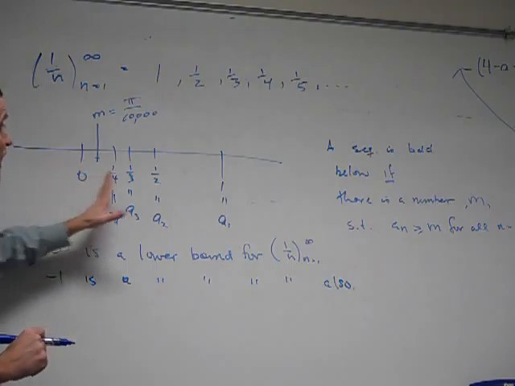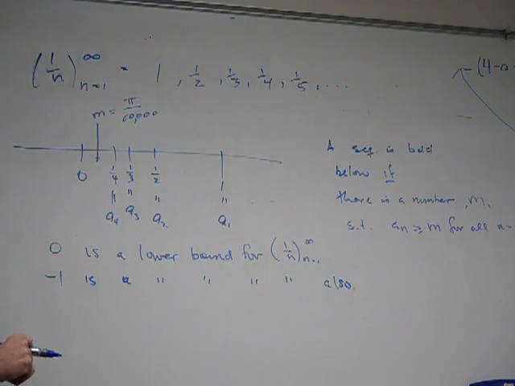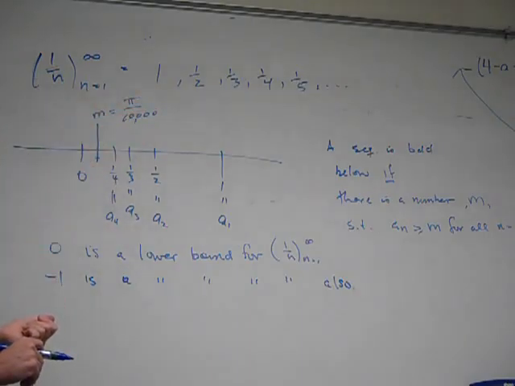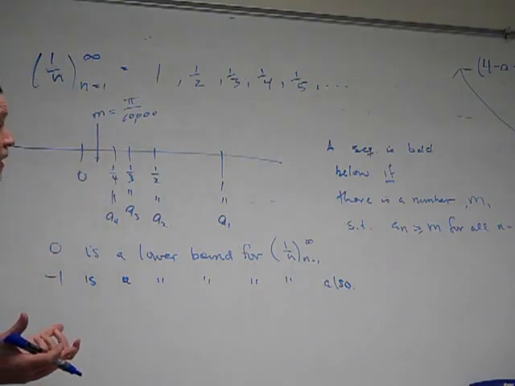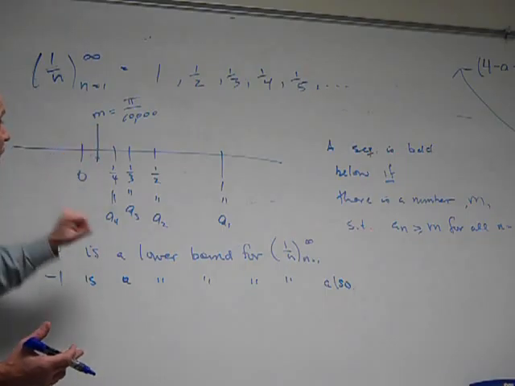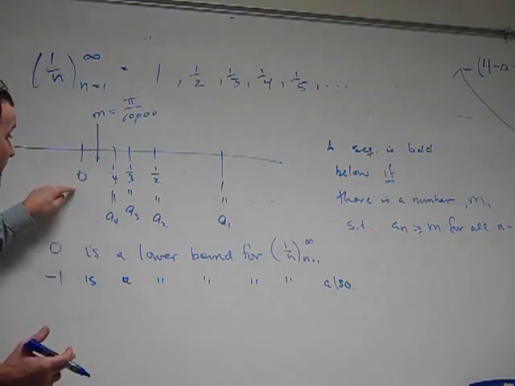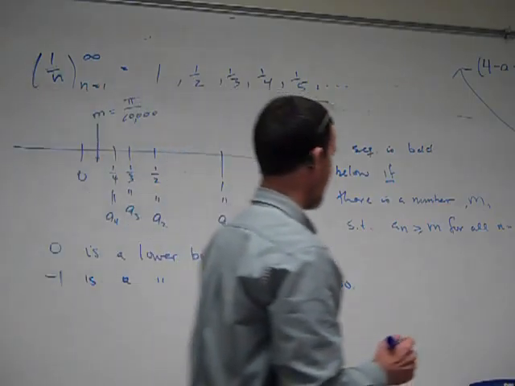Is it smaller than every one of those? No, take 1 over a billion. 1 over a billion is in my sequence, right? And it's going to be smaller than that number, isn't it? So, no positive number can be a lower bound. So this number is the greatest lower bound.